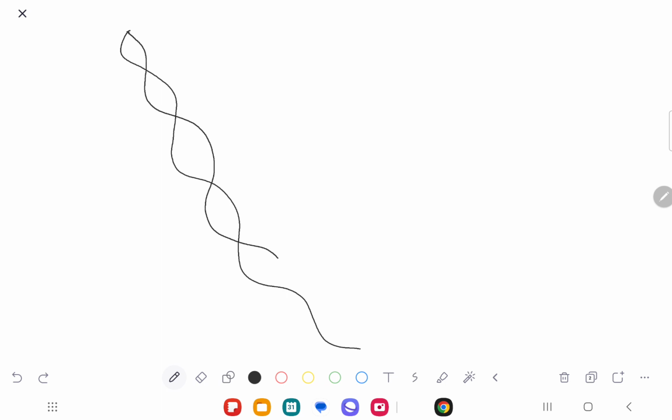When we draw this particular strand, it is made up of lots and lots of substances.